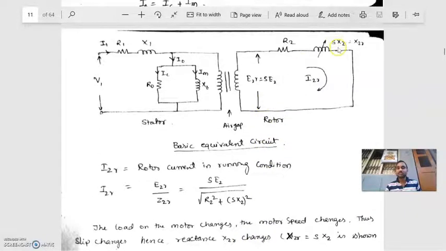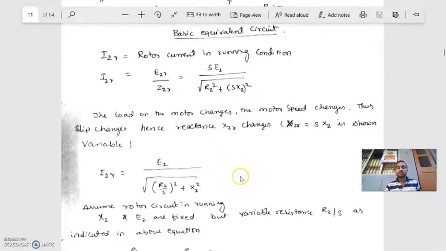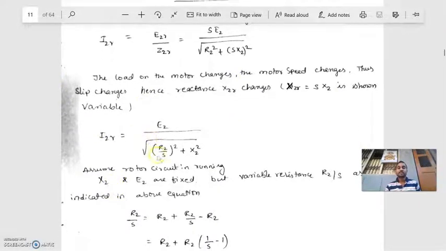As already told, X2R depends upon the slip. If the slip changes, X2R also changes, hence it is called a variable quantity.